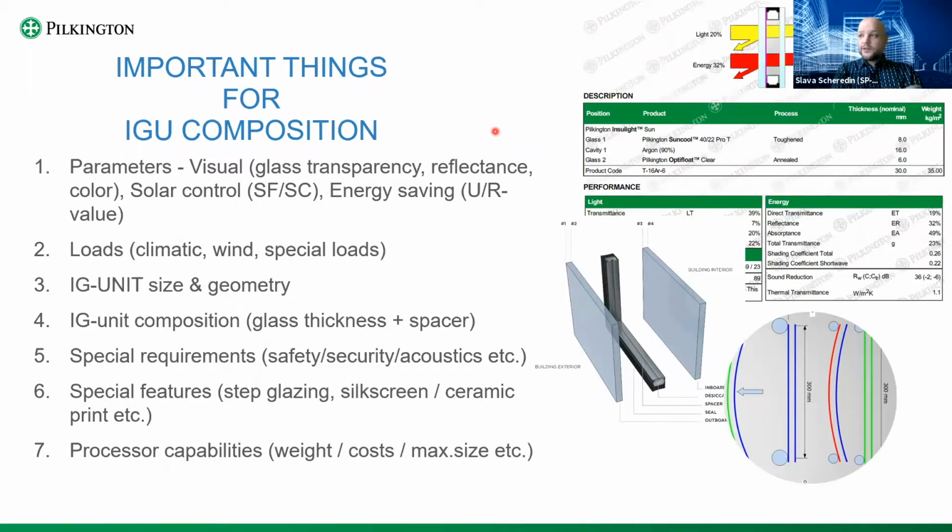And here I will just show you a brief list about what things are important for IG unit composition. First, of course, are the parameters. So glass parameters, of course, they can be calculated quite easily on our website, for example. These are visual parameters, light transmission, light reflection, solar control parameters, and of course, U value. All of these are basics.